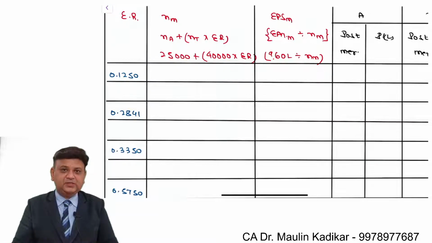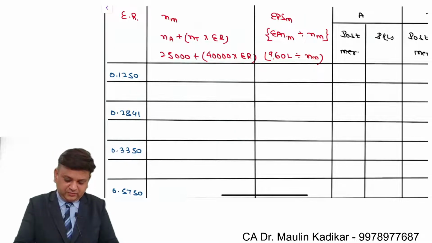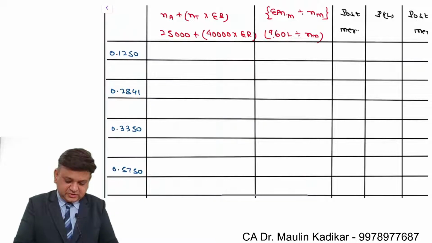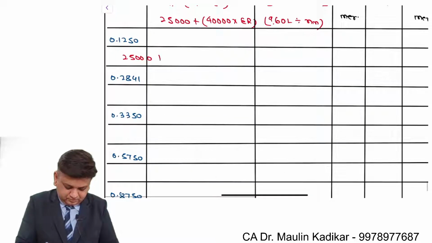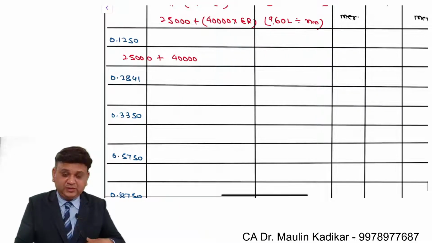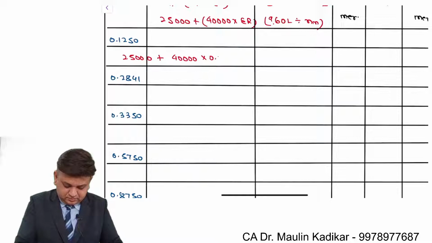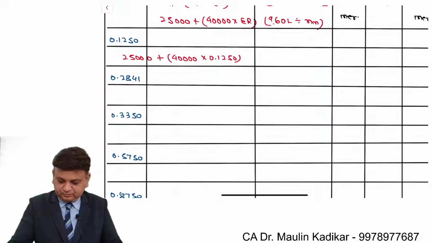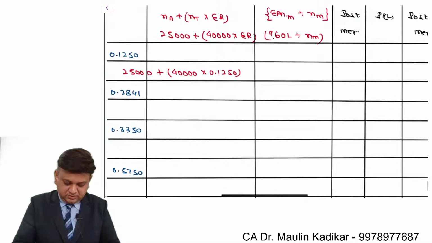Now, in case of exchange ratio 0.125, what will happen? Let us see. The number of shares will be 25,000 plus 40,000 into 0.1250. So it is 5,000 plus 25,000.